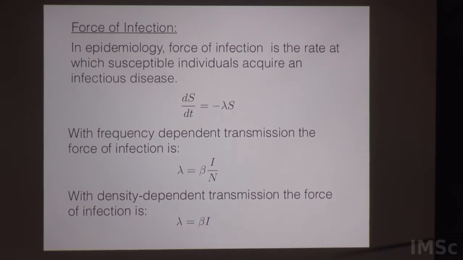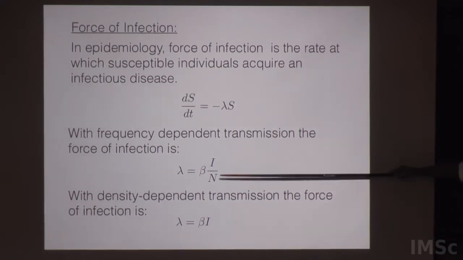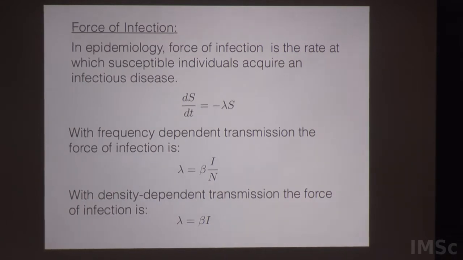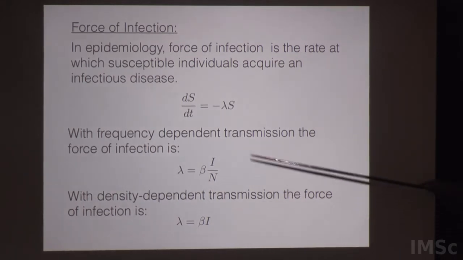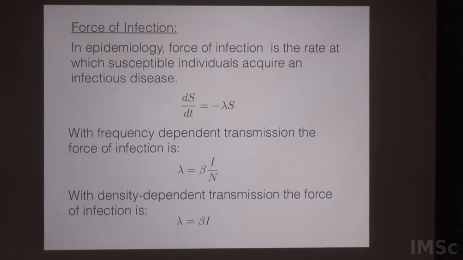So now the question is: is it proportional to the total number of infected people in the population, or to the fraction of infected people in the population? That's this assumption versus this assumption. This one is called frequency dependent transmission, and this one is called density dependent transmission. And as I said, most people now think that this is the appropriate form to take when describing a disease.